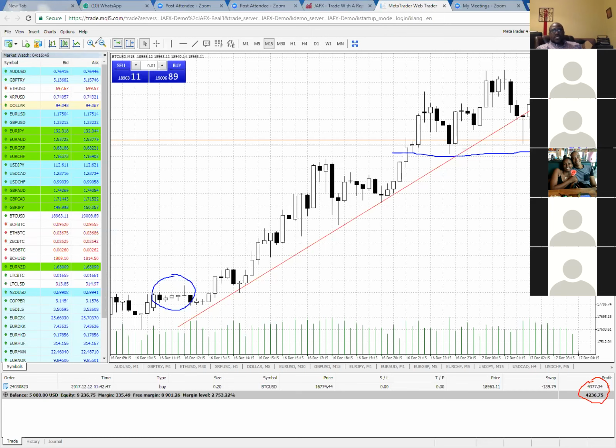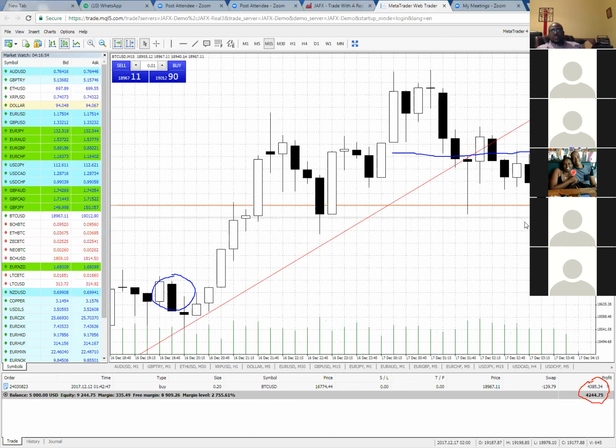So if I zoom in to this area, you'll actually be able to see better what it is I'm saying. See? Okay, so let me explain what happened here. For bullish candles, they always open at the bottom.